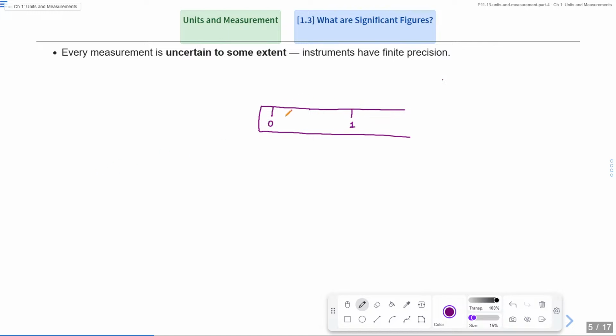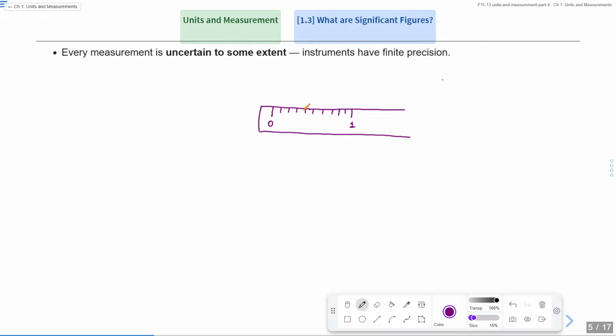So how many divisions between 0 and 1 centimeter? How many divisions are there in your meter scale? 10 divisions. So 1, 2, 3, 4, 5, 6, 7, 8, 9. My divisions are not equally spaced, but the divisions are usually equally spaced.